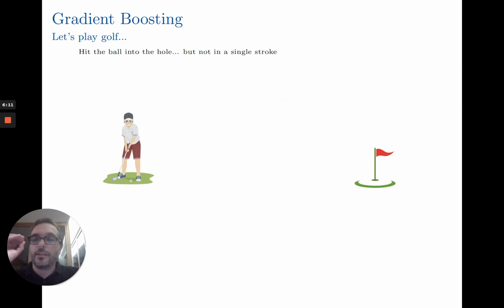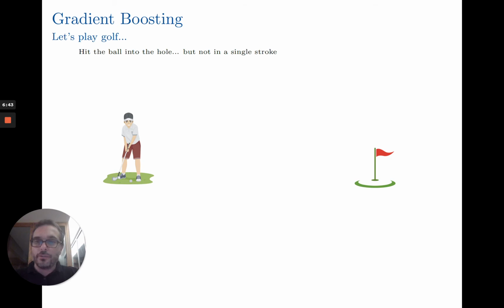So let me try to illustrate the boosting algorithm with an analogy to golf. So let's play golf. So imagine that you want to hit a ball into the hole, okay? But of course you don't want to do it in a single stroke. So our final goal is to send the ball into the hole, but we are going to do that in multiple steps.